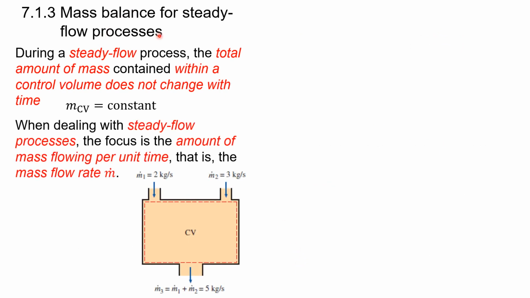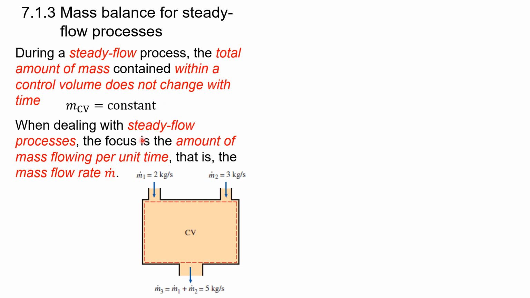Mass balance for steady flow process. During a steady flow process, the total amount of mass contained within the control volume does not change with time. So for steady flow, the mass is constant.